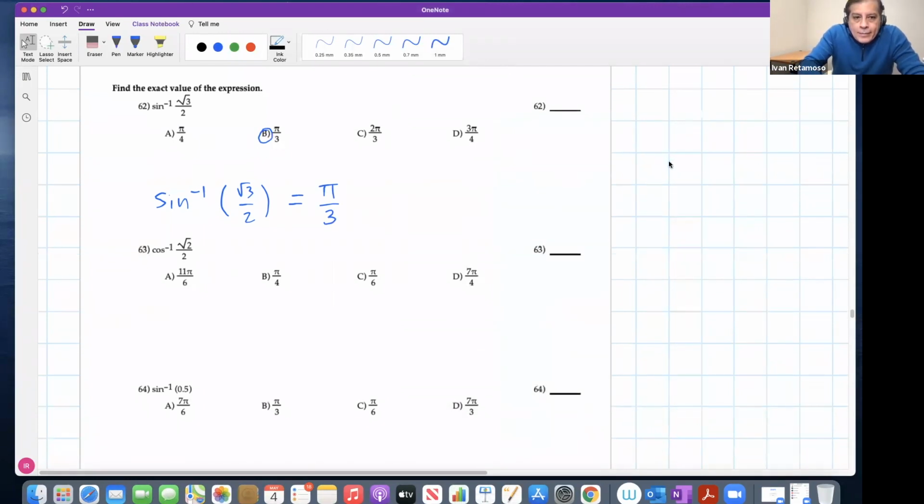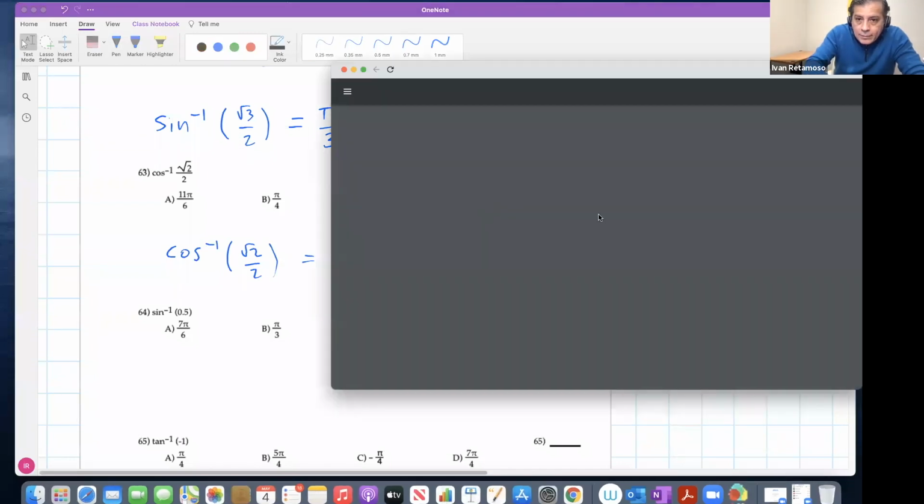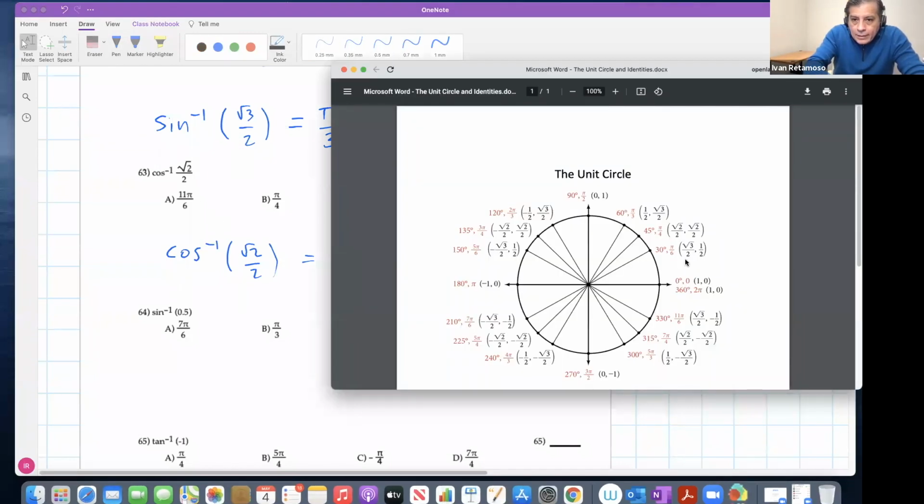Yeah, great. Next, cosine inverse, same idea. You go to the unit circle and it should be there. If you look at the unit circle, this should be just pi over 4. Why do you say that, Professor? Well, look, what is the angle whose cosine is square root of 2 over 2?